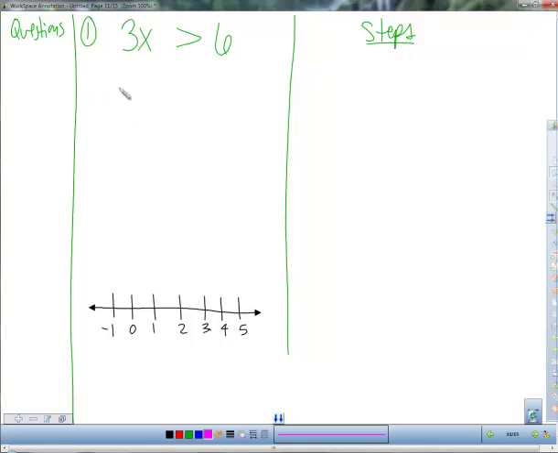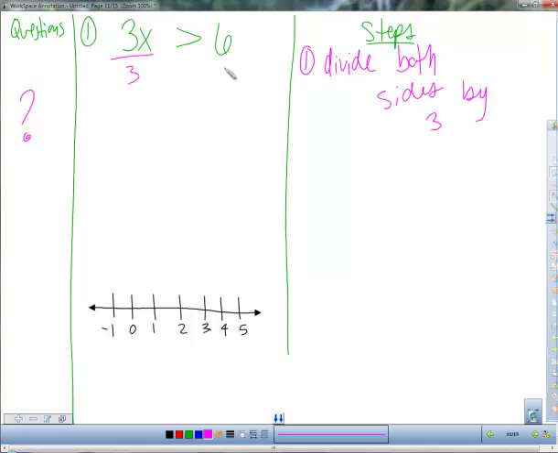Okay, number 1, your notes should look very similar to mine. If you have questions for me at any point, those need to go over here. So I have 3x is greater than 6. My first step is going to be to divide both sides by 3.